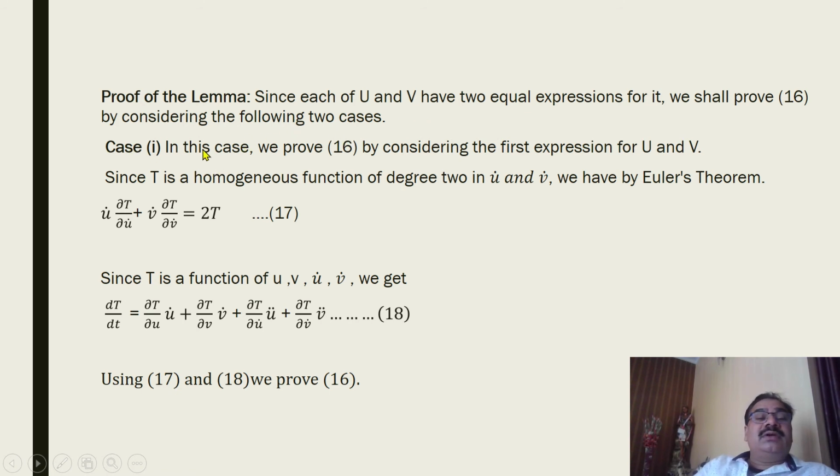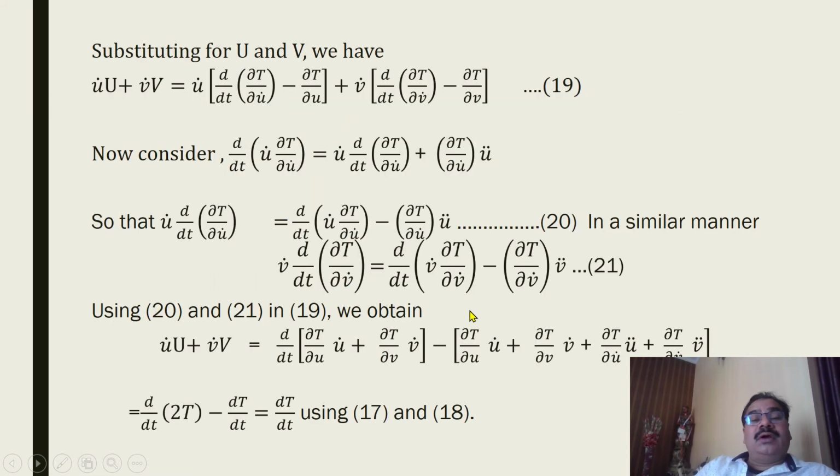Case first. In this case, we prove 16 by considering the first expression for U and V. Since capital T is a homogeneous function of degree 2 in u dot and v dot, we have by Euler's theorem this expression 17. And since T is a function of u, v, u dot, v dot, we get the expression 18. Using 17 and 18, we must prove 16.